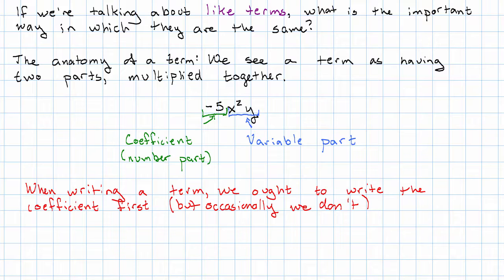So when you're looking for the coefficient, it may not be first, but it's always the number that you're multiplying together. So if I were to write x squared times 3 for some reason, 3 is still the coefficient, and then the part that's not the coefficient is still the variable part.